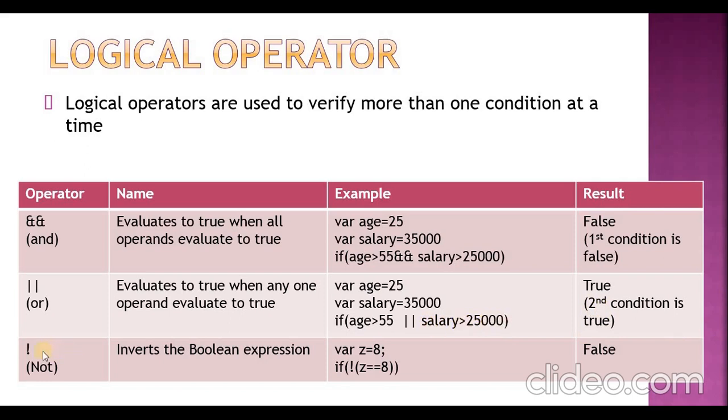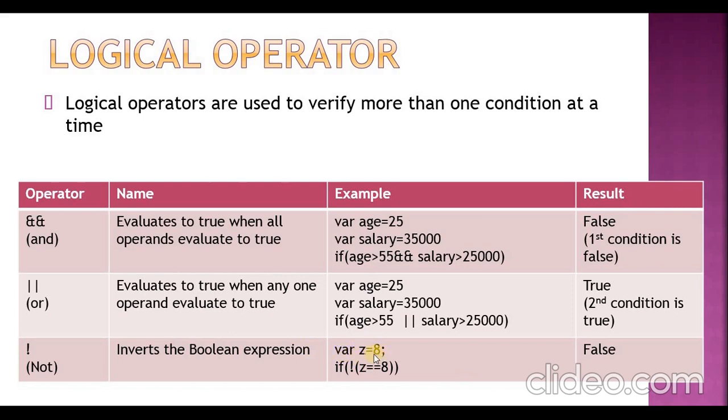The last operator is NOT. It is indicated by an exclamation mark. NOT inverts the Boolean expression. This means if the result is true, it will be inverted to false. Vice versa, if the result is false, it will be inverted to true. So let us see the example where z equal to 8.